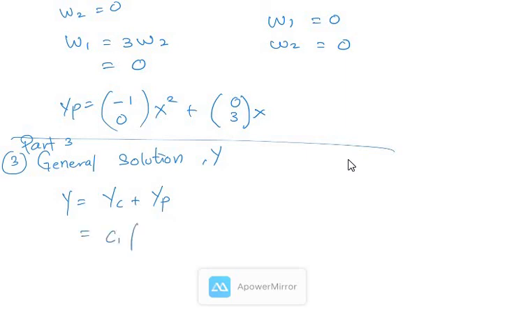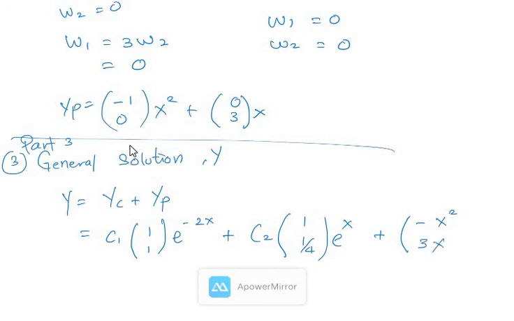So c1 with the vector is 1, 1 for the lambda equals to negative 2, plus c2 with eigenvector 1 and 1 over 4 with the lambda equal to 1. And then plus with the yp. Yp is negative x squared and then 3x. So I just cut down for this part.